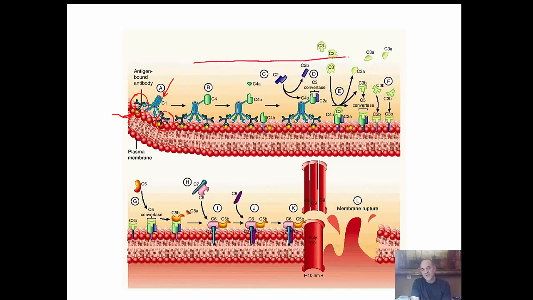So just taking you through all the reactions that occur. And ultimately, you get to the C5 and the C6 through 9, which are important in forming the membrane attack complex, or MAC, that is going to ultimately lead to a gap in the plasma membrane that eventually causes the antigen or the cell to lyse, like a bacteria cell.